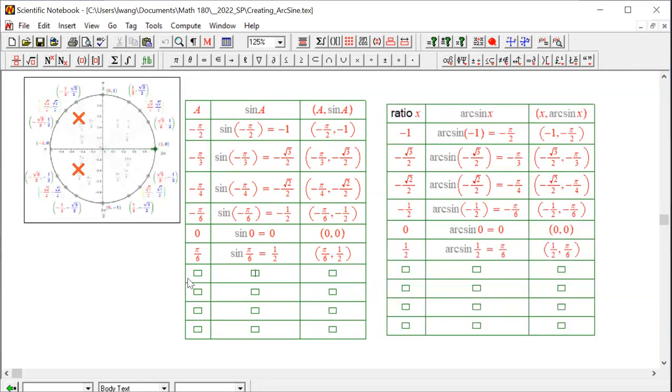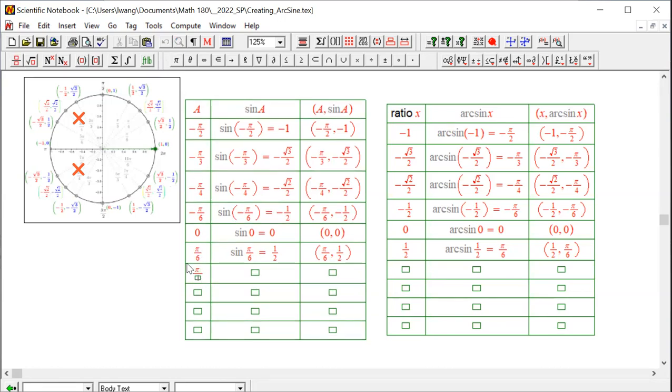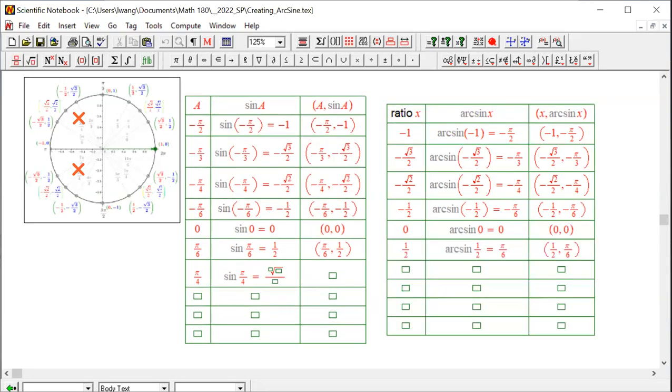As we mentioned earlier, these special angles or special ratios serve us so we can understand that process. So next one is pi over 4. Sine pi over 4 produces exactly one output, which is root 2 over 2.